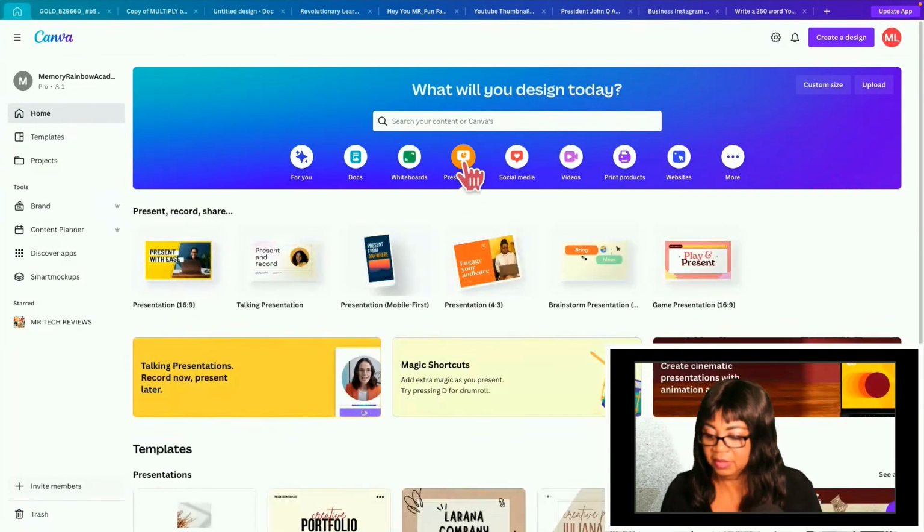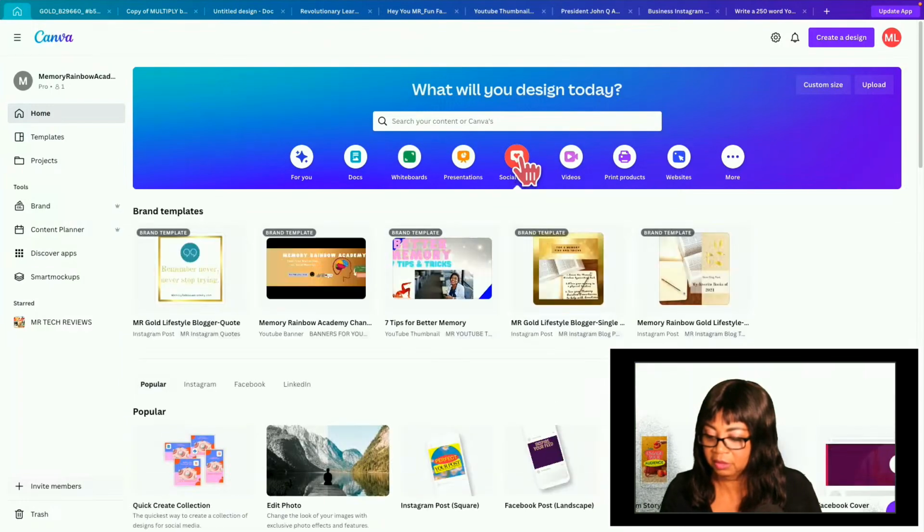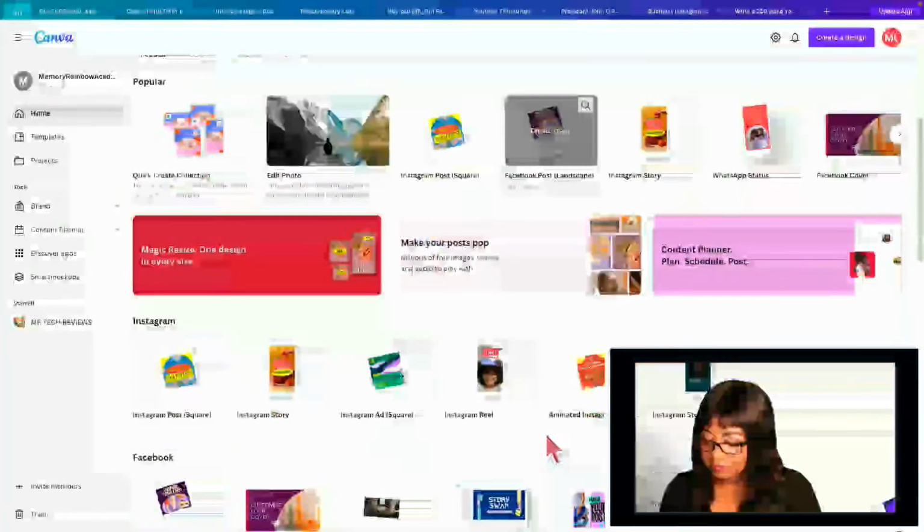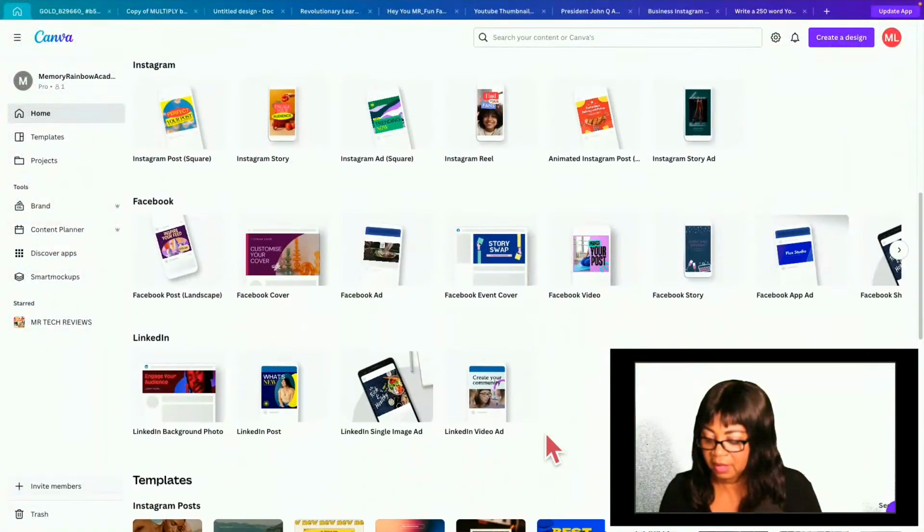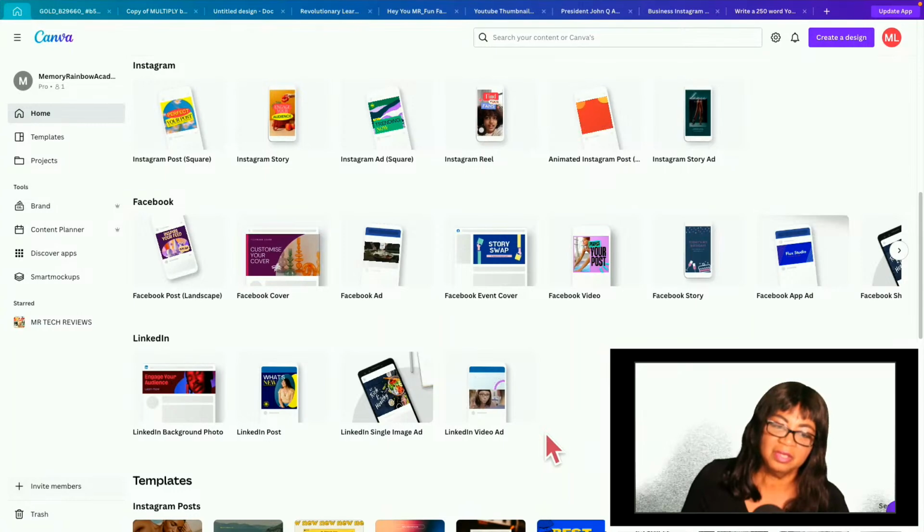Presentations, you have your presentation mode, and then you have lots of templates to help you get started. Your videos, social media is really cool, and it gives you a lot of Facebook, TikTok, just a little bit of inspiration to get you started.